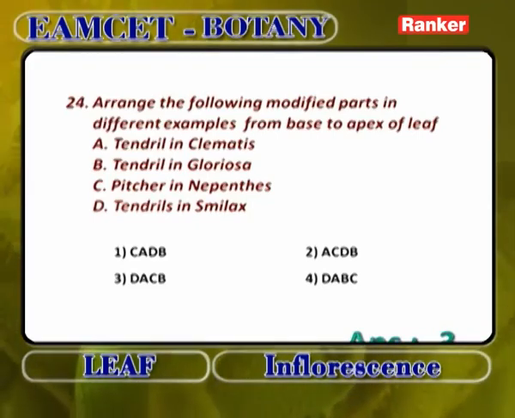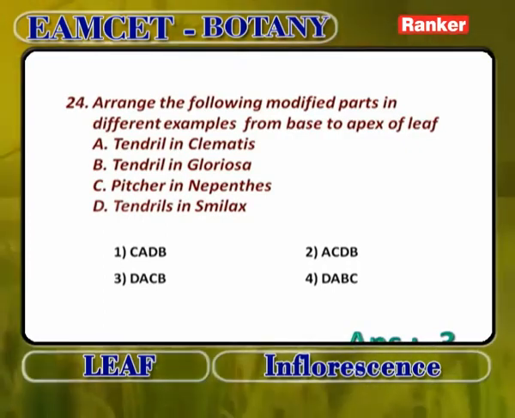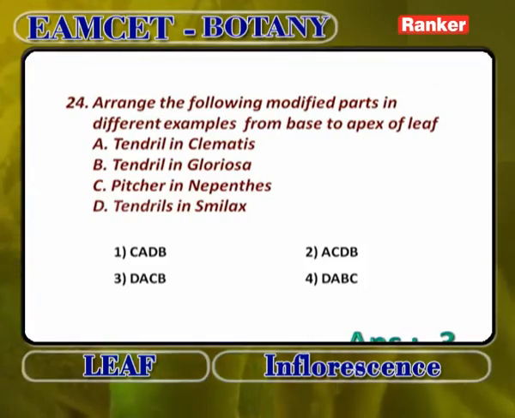So stipules will be at the base. Next is petiole. Then C, pitcher in nepenthes, has come from leaf lamina. Total leaf lamina is modified into a pitcher in nepenthes. And finally B, tendril in gloriosa, has come from leaf apex. So first lower portion, that is stipules, then petiole, then leaf lamina, then leaf apex. This is from base to apex.